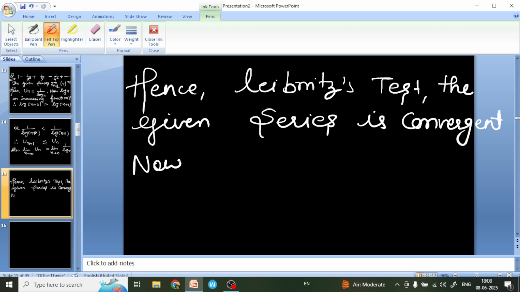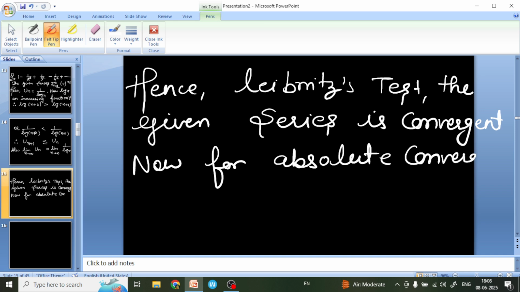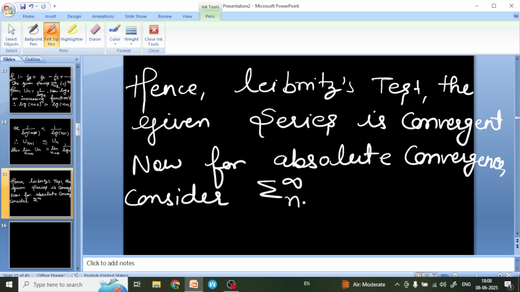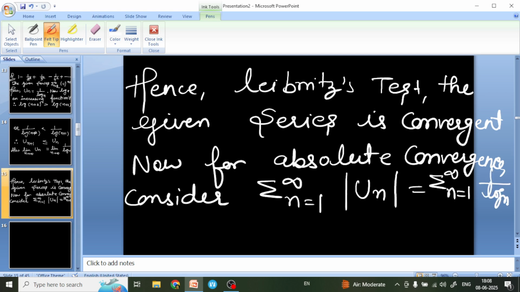Now for absolute convergence, consider sigma n is equal to 1 to infinity modulus of u n equal to sigma 1 over log n.